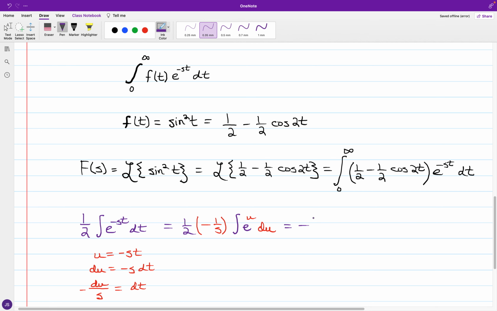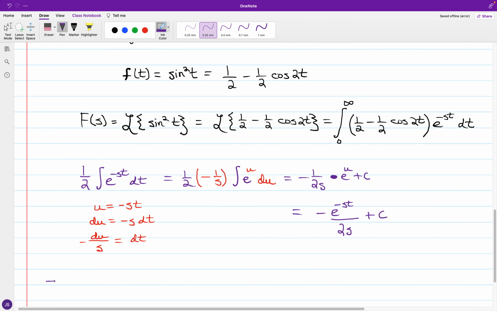So we have negative 1 over 2s times e to the u followed by the constant, and back substituting, since we had substituted u for negative st, we have the negative of e to the negative st all over 2s, followed by the constant.